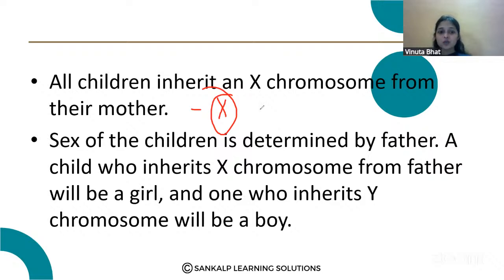A child who inherits the X chromosome from the father will be a girl, and one who inherits the Y chromosome from the father will be a boy, because the mother's egg always contains the X chromosome. So the father determines the sex of the child. Okay, it is also one of the important questions. Please note down the answer.